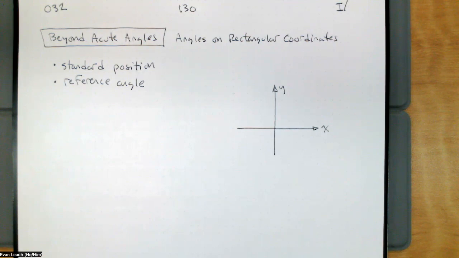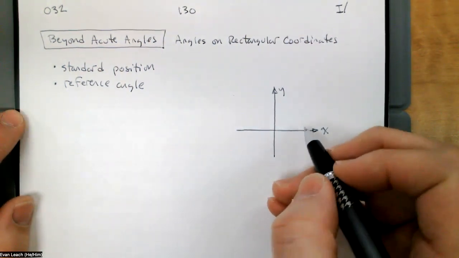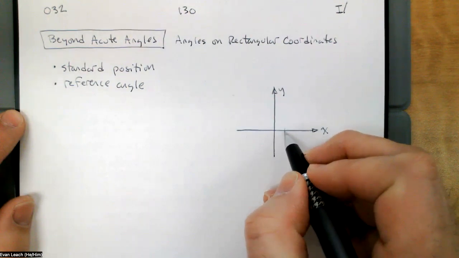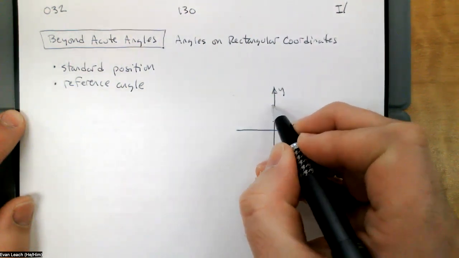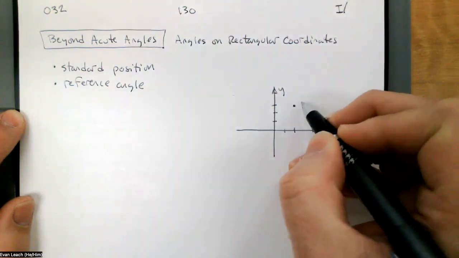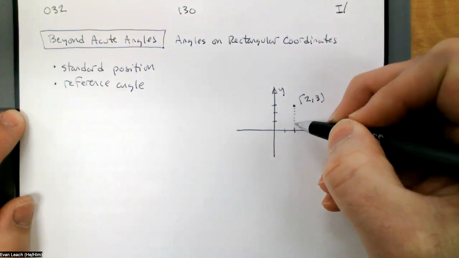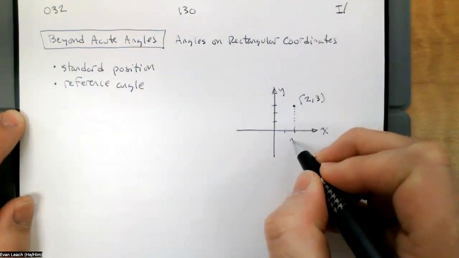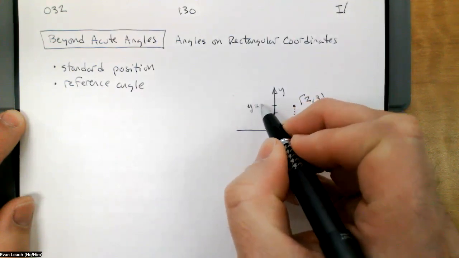It's just two perpendicular number lines that cross at the 0 of each number line. So if I want the point (2, 3), I go out 2 on the X and up 3 on the Y and look for that intersection. We list our horizontal coordinate first and our vertical coordinate second.